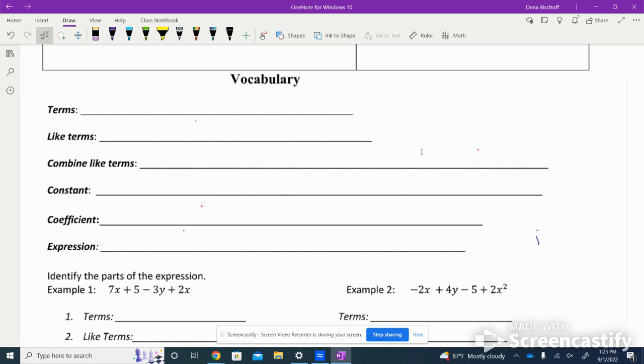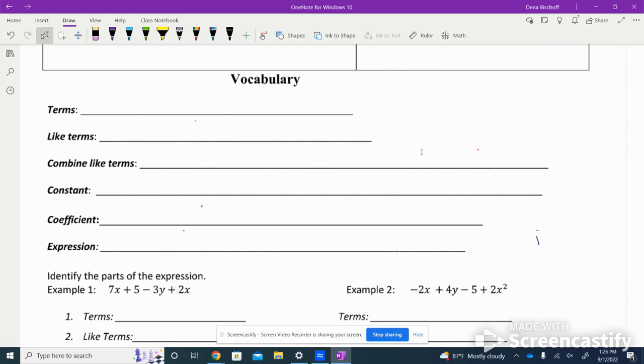So I'm going to go to this example right here. Here's a number, -4. Here's a variable, x. And then I have two examples of a number with a variable. Each one of these is called a term.